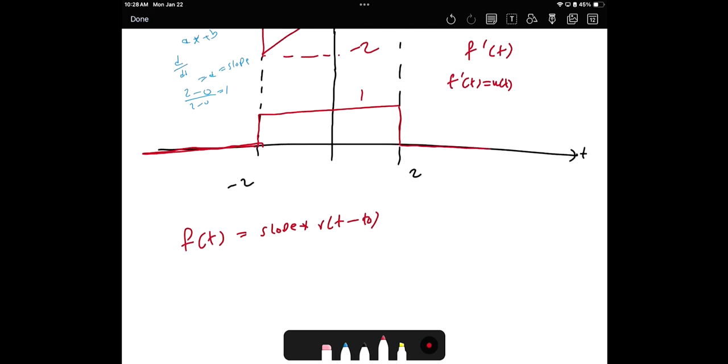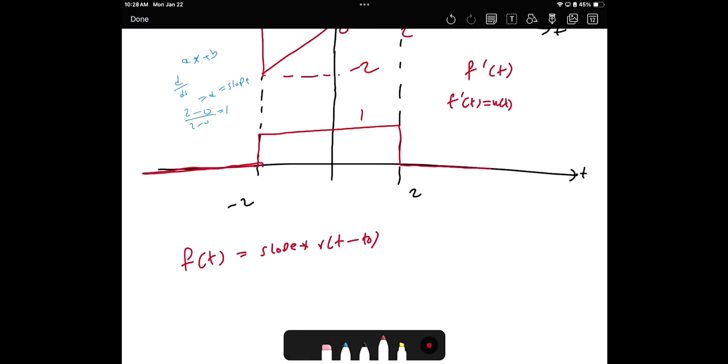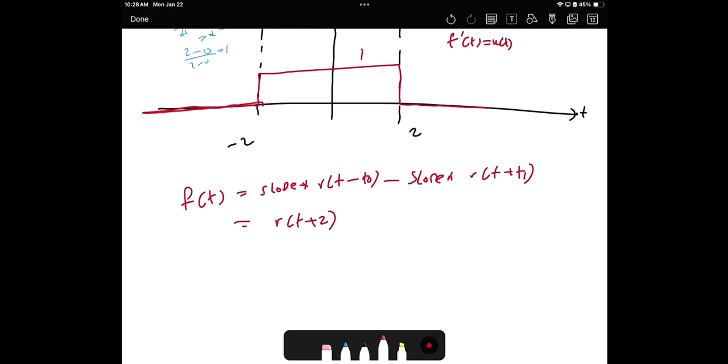So the slope, and since it will go back to 0 here, then minus the same slope times r of t minus t1. Since the slope is 1, it will be r of t activated at -2, so it will be plus 2, because here t equals -2.